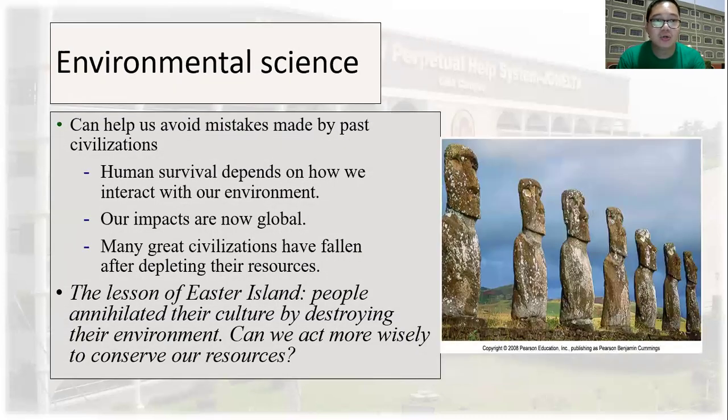Environmental science also can help us avoid mistakes of past civilizations. Survival depends on how we interact with our environment. For example, the lesson of Easter Island. People annihilated their culture by destroying their environment. Can we act more wisely to conserve our resources?